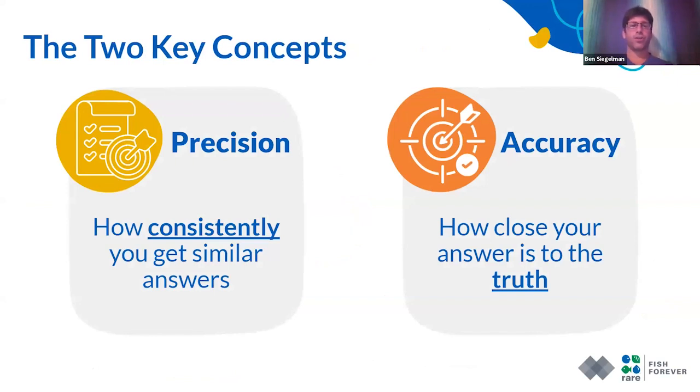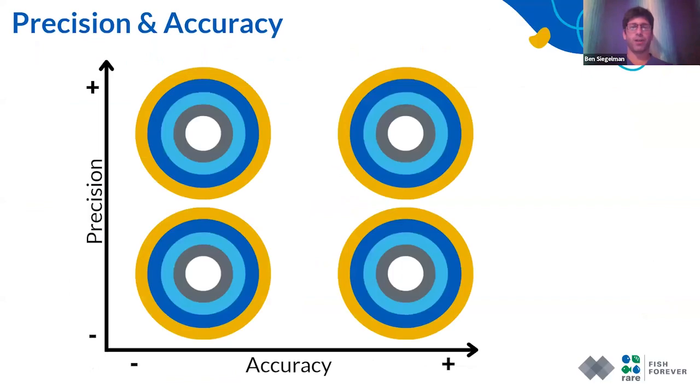So the Olympics are coming up. Imagine you're like one of those archers, those bow and arrow shooters at the Olympics. And we've got our targets here. We can see what happens if we have low precision and low accuracy. It looks like this. All the arrows all over the place, and none of them are on target.